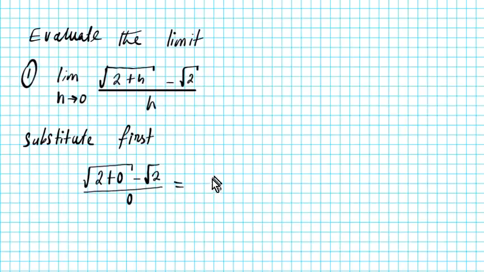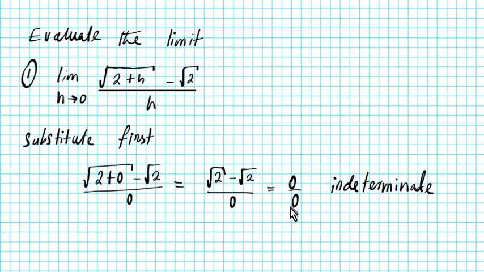If you simplify this, you have the square root of 2 minus the square root of 2 over 0, which is equal to 0 over 0. So this answer is known as an indeterminate result. Basically, we do not know what the limit is yet.